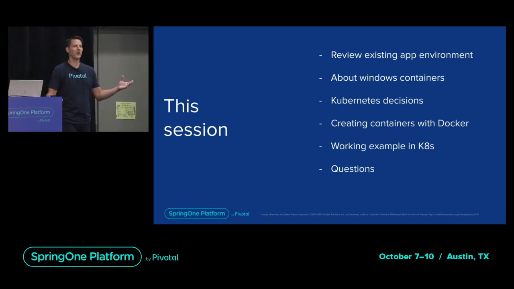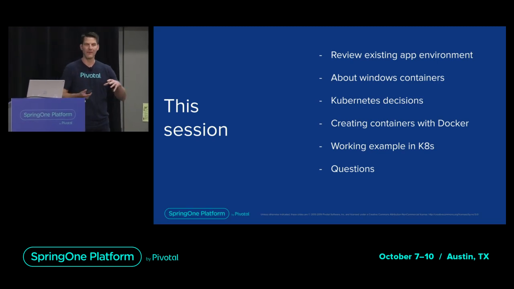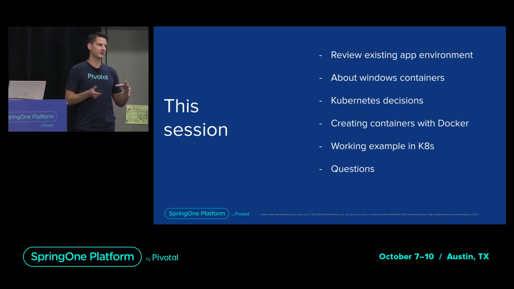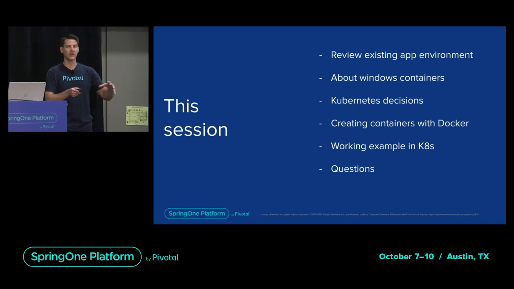So first of all, what are we going to talk about? First, I want to quickly review the setup of a traditional architecture .NET application. Definitely a legacy application. Let's level set on where we are with this application. Then we're going to take a turn and talk about Windows containers. What is it?